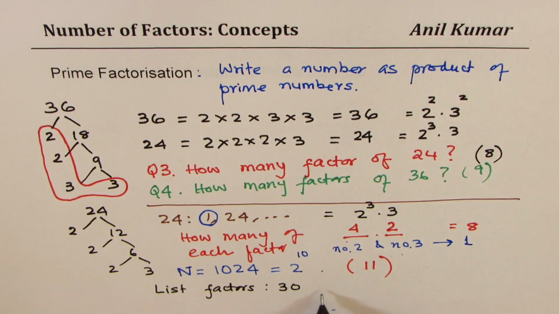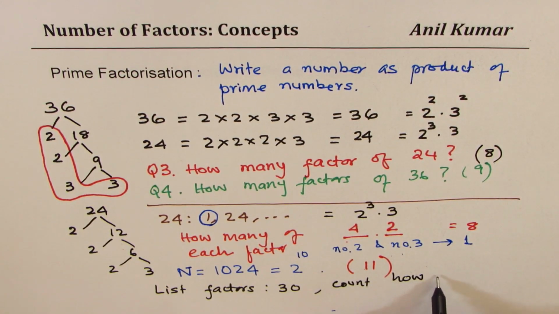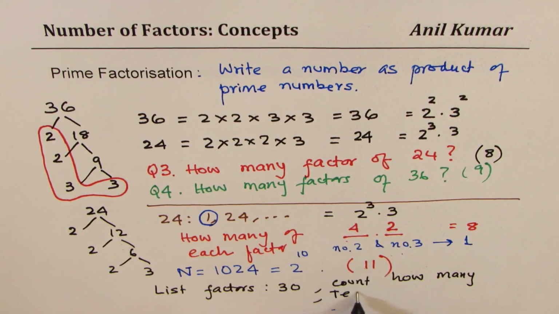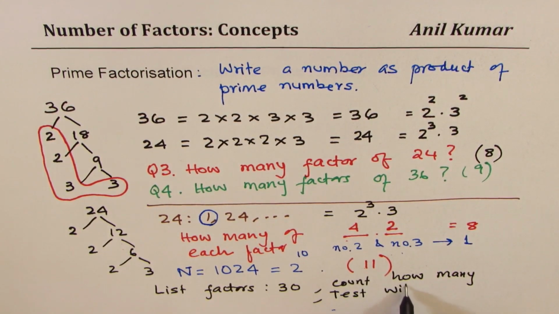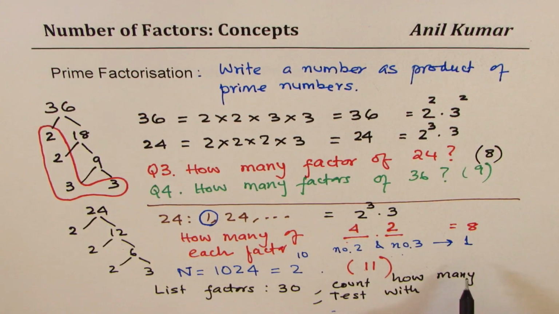List factors of 30 and count how many. That is one part, and second part is test with formula. Right, so this kind of formula, which we'll write in a different way later, right? Test with formula. Is that okay? So let this be your exercise. So we'll call this our question number 5.